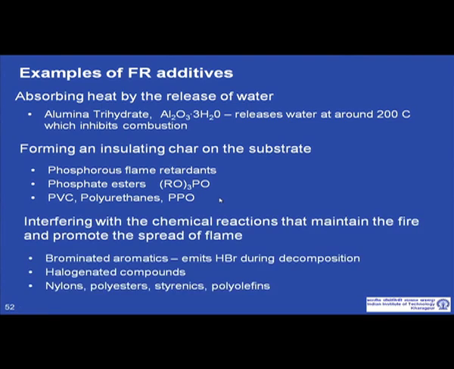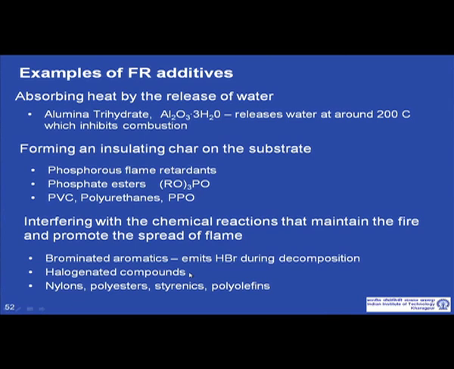The other mechanism by which a fire retardant works is by interfering with the chemical reactions that maintain the fire and promote the spread of the fire. For example, halogenated or brominated aromatics emit hydrogen bromide during decomposition, and other halogenated compounds work in that way.